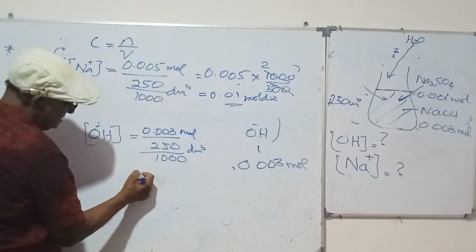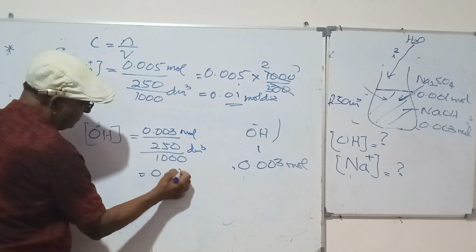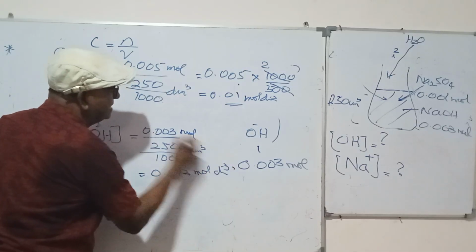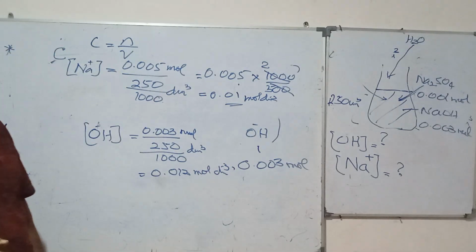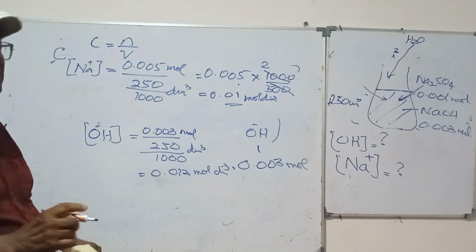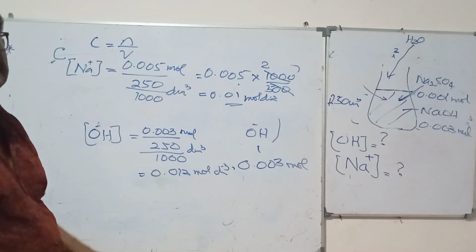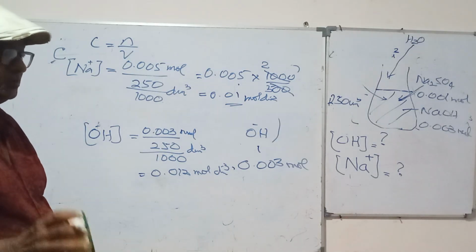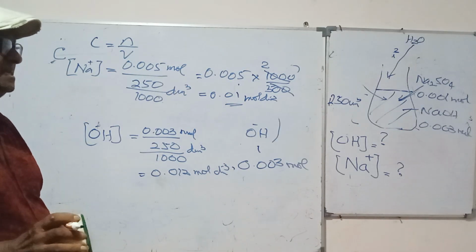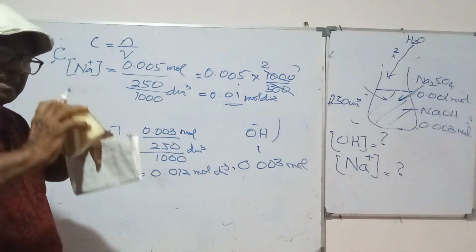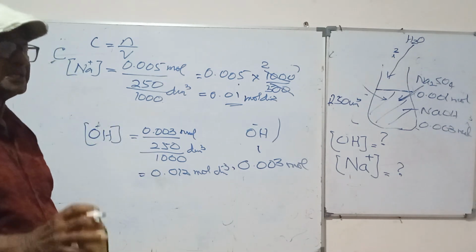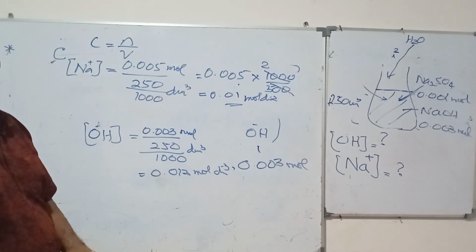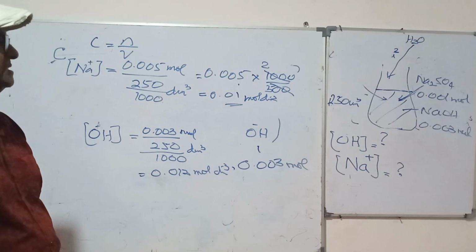So it becomes 0.012 moles per cubic decimeter. This is the calculation of the concentration problem. I think you must go through the calculations. The foundation is the stoichiometric ratio of the reaction. It is very important, otherwise you can't do it.